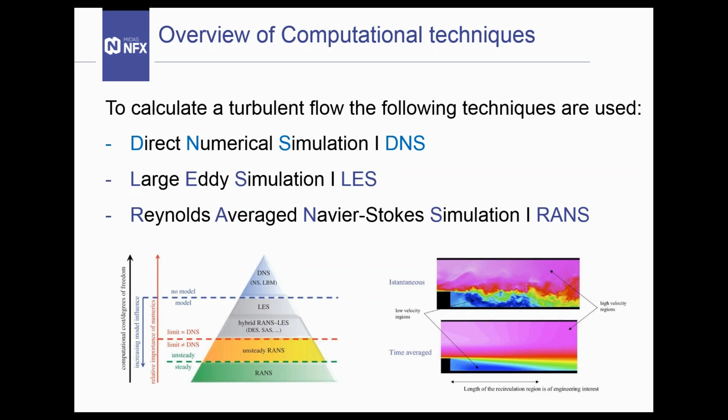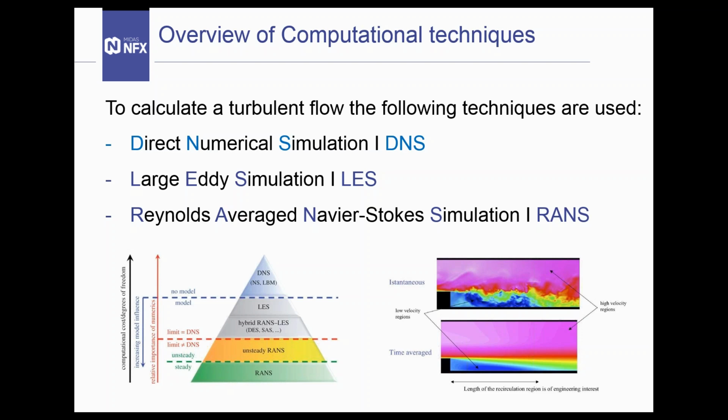The second approach is called large eddy simulation, and this is valid for the large scale eddies. The governing equations are solved directly, and small eddies are modeled using, for example, semi-empirical models, and the scale separation is obtained by applying some kind of filter to the governing equations, which is a mathematical procedure.